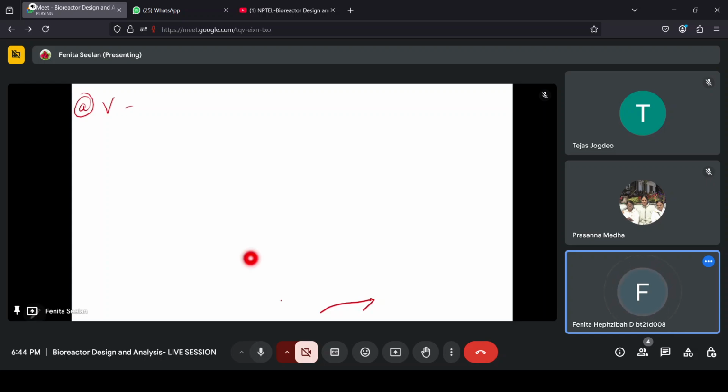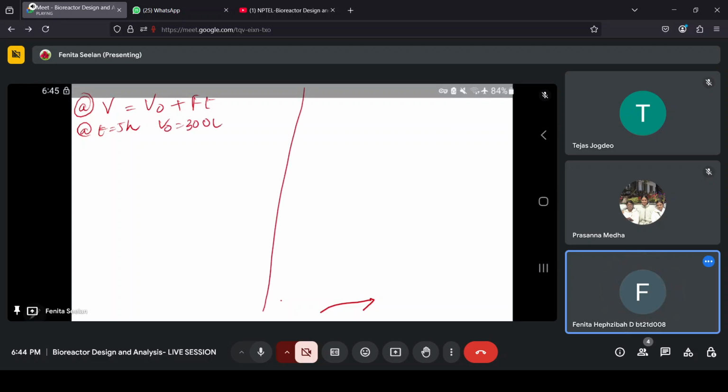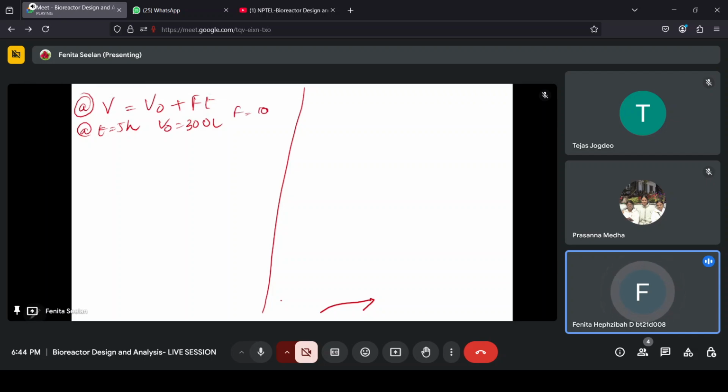So the culture volume V is V naught, the initial culture volume, plus F, the flow rate, times T, the time. You have been told that at time t equal to 5 hours, V naught is 300 liters and F is given as 100 liters per hour.